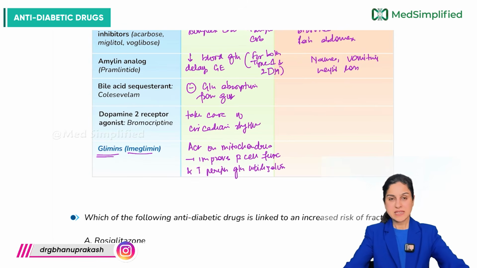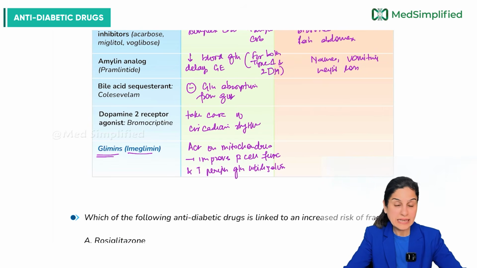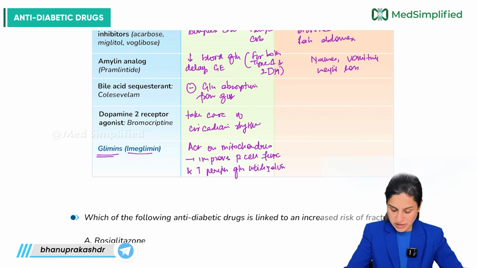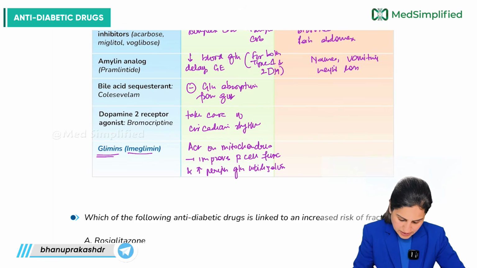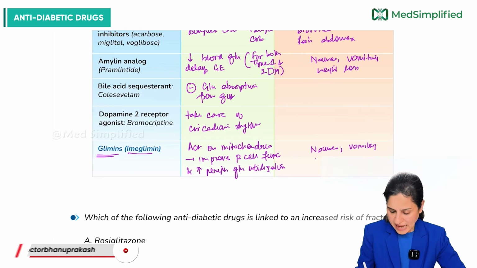So it's a newer drug group with a distinctive mechanism, so it is likely to be asked in a future examination. Acts on the mitochondria, improves the beta cell function, and also increases the peripheral glucose utilization. Can cause nausea, vomiting, and fatigue.